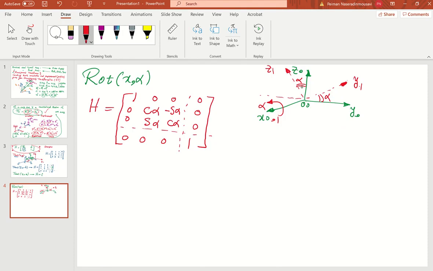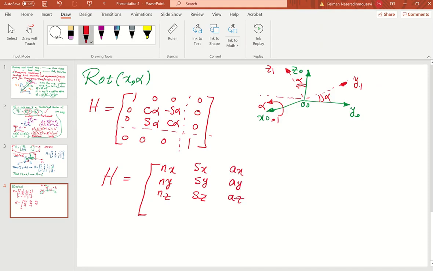So you see that we only extended the rotation matrix to this form because there is no translation. Understand? So generally we show the homogeneous transformation as this: nx, ny, nz, the directional cosines, that's right, sx, sy, sz, ax, ay, az, a 4 by 4 matrix, 0 0 0. Here is 1.